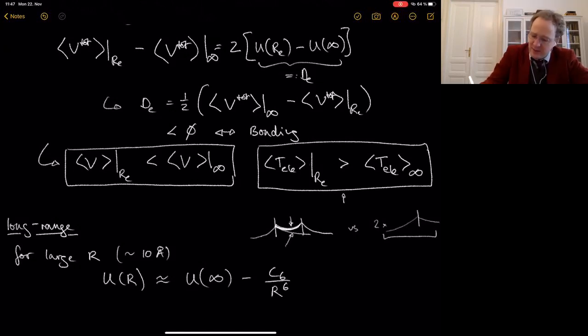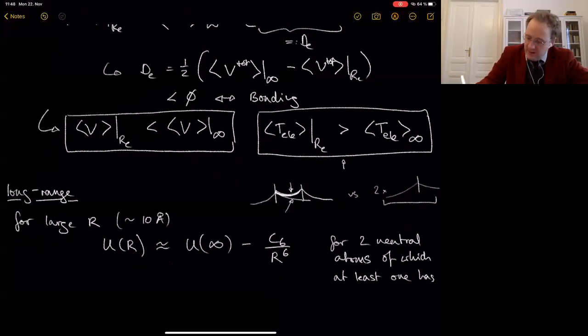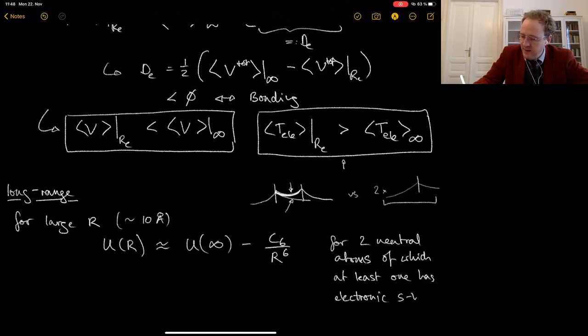So this is strictly true for two neutral atoms of which at least one has electronic S valence.